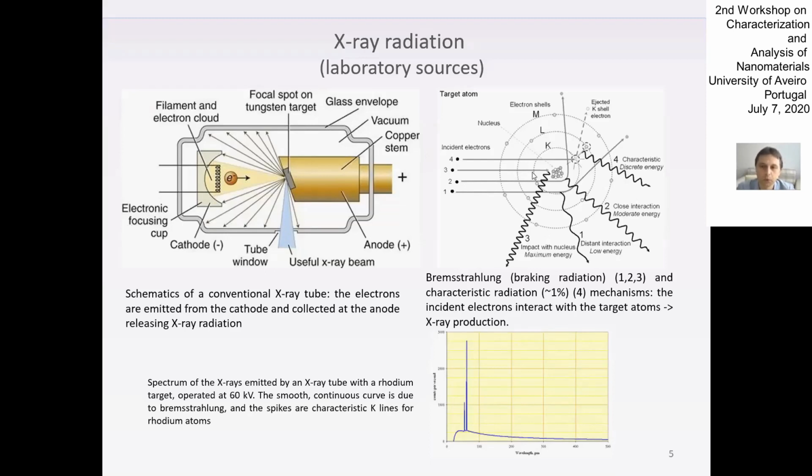We have to note that the main part of this emission is so-called braking radiation, or the German term Bremsstrahlung, probably because it was discovered by German physicists. And only 1% of this emission is really useful for our diffraction experiments.